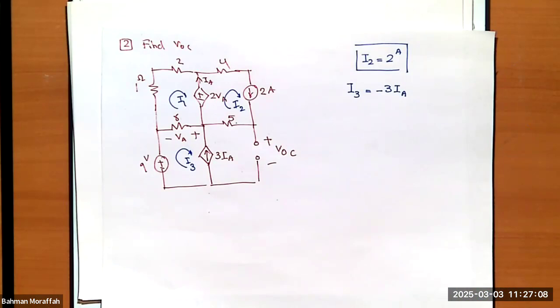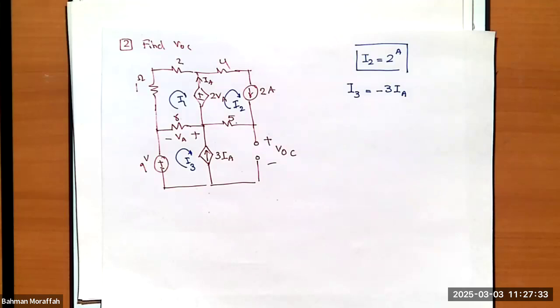But if you look at this equation, this IA is an unwanted variable. The variables that we're trying to solve for are I1, I2, and I3, right? So that IA is something unwanted. And as soon as I see something unwanted, I have to write it in terms of the variables I care about, the variables I'm trying to solve for.